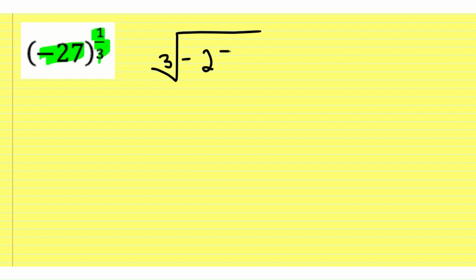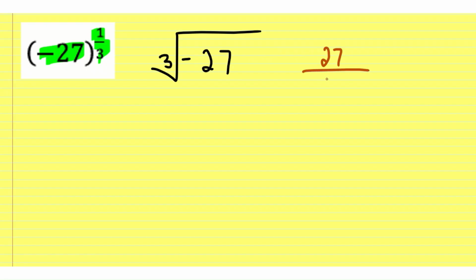Our next problem says we have -27 raised to the 1/3 power. And again, it's significant that it's in parentheses because the exponent of 1/3 is going to affect the negative as well. So it is going to be the 3rd root of -27. Well, we cannot take an even root of a negative number, but we can take an odd root of a negative number. For just a moment, for simplicity's sake, let's talk about 27 without the negative.